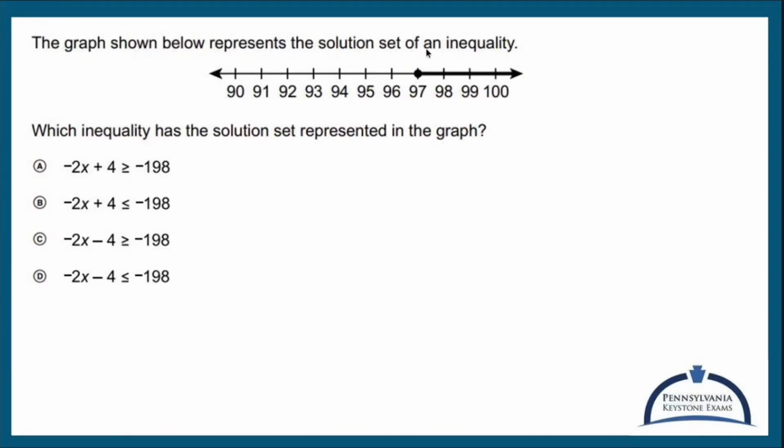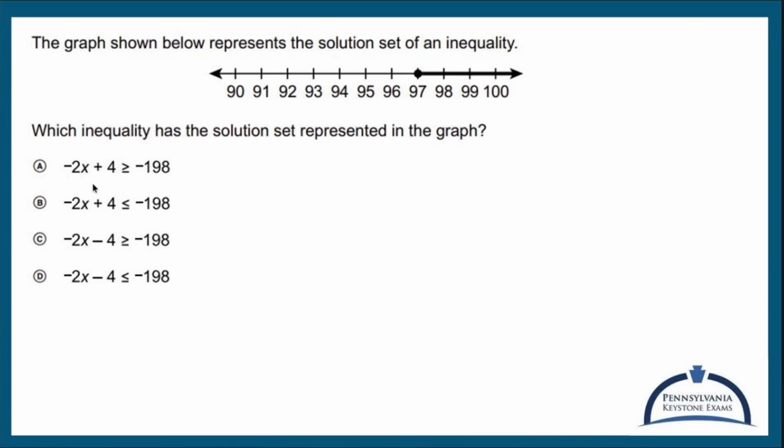Pretty easy. The graph shown below represents the solution set of an inequality. So you have something that starts at 97, includes 97, and goes to the right. Which inequality has the solution set represented in the graph? All right, before we do this, we have 4 options.